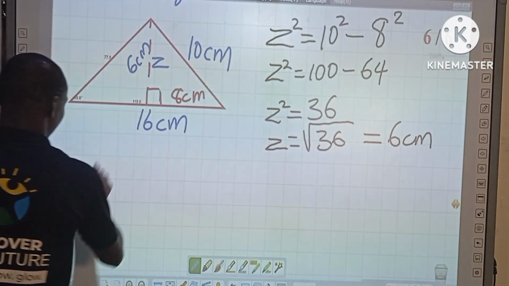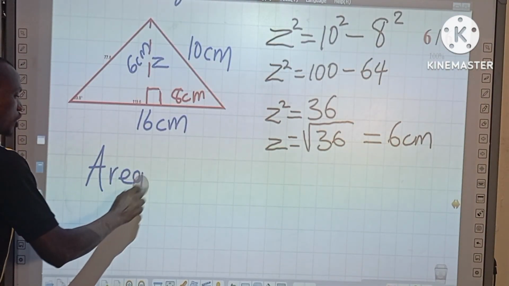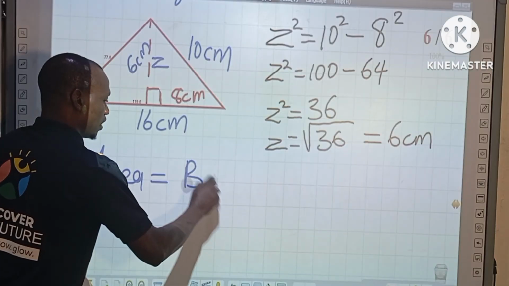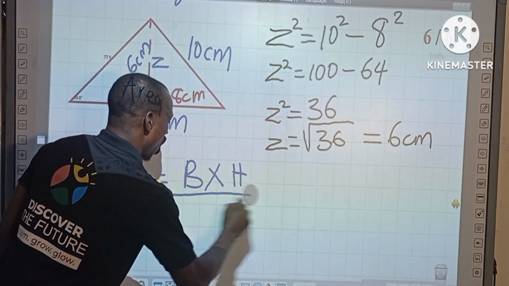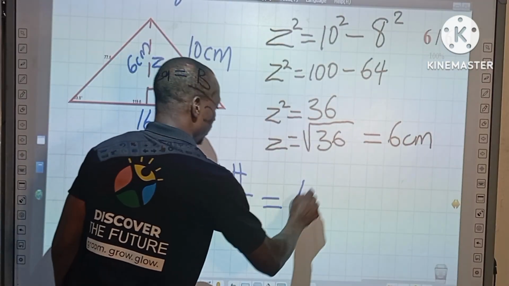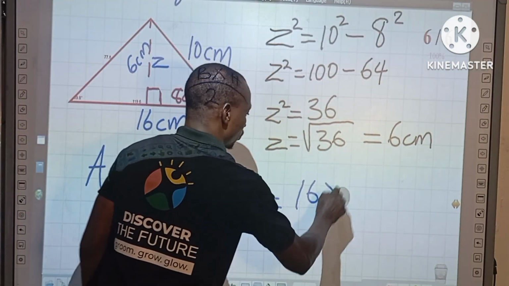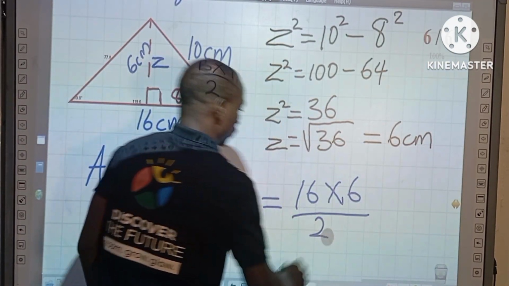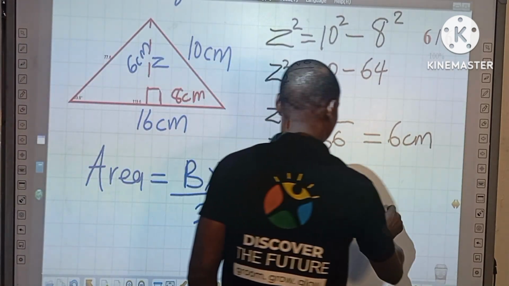Area of the triangle, as we all know, is equal to the what? The base times the what? Height, all over 2. Now, the base of the triangle is simply 16, and the height is what? 6, all over 2. Now, 6 times 6 is 36.